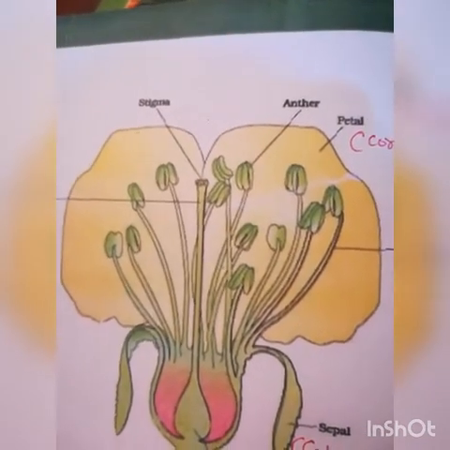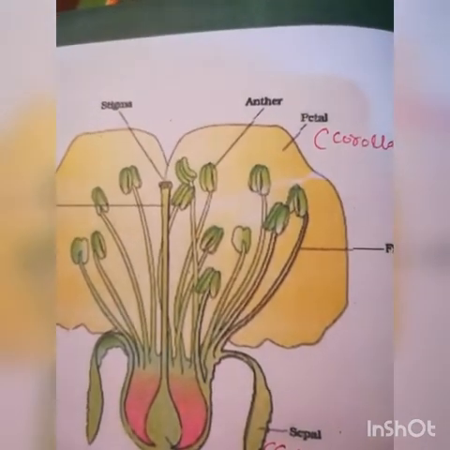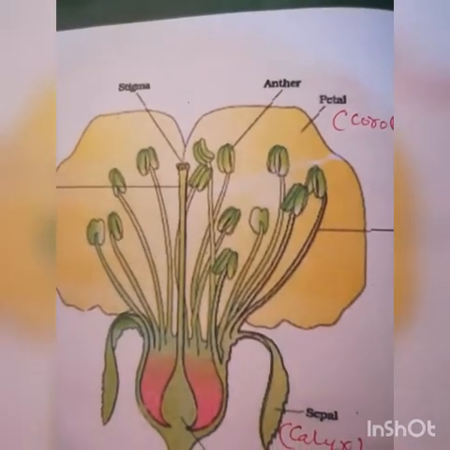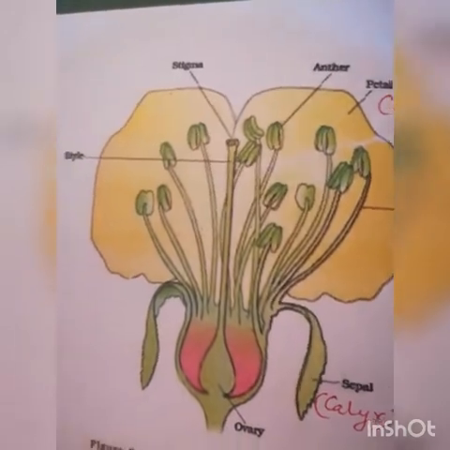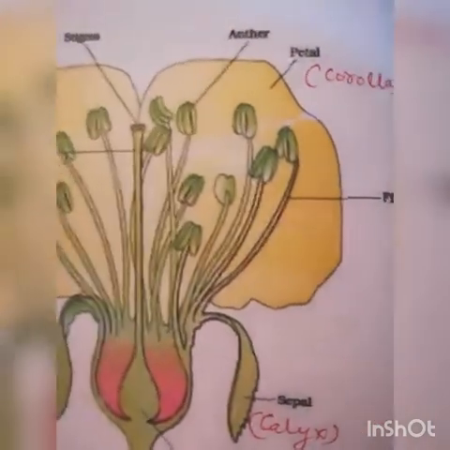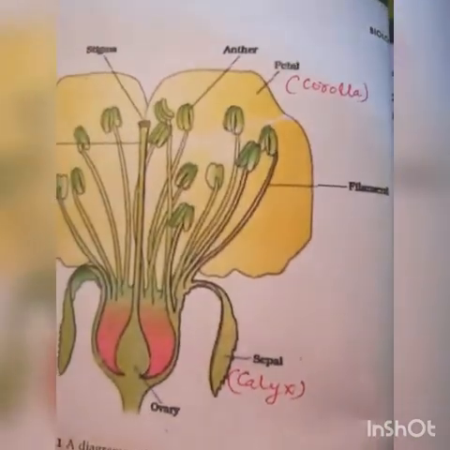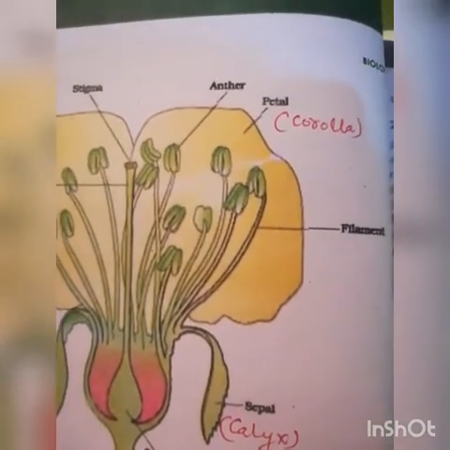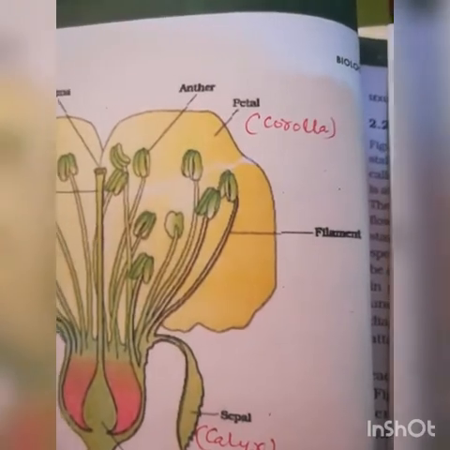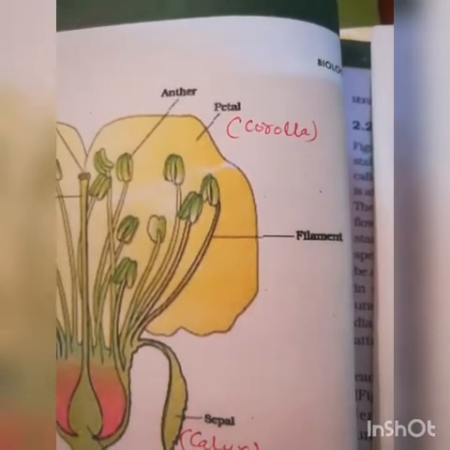Stamens, that is male part or male reproductive part, which are not mentioned here, only anther and filaments. Anther and filaments are the part of stamen.